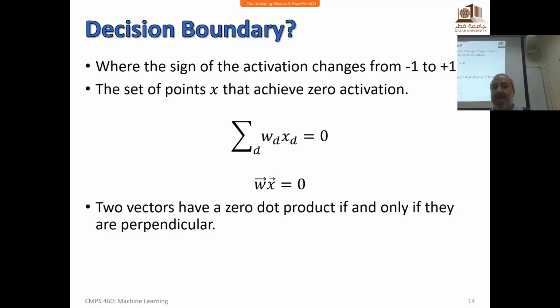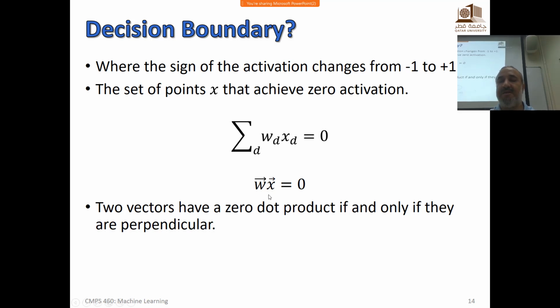We mentioned in that lecture that the points on the decision boundary will have a dot product with the weight vector of 0. So all points where the dot product with the weight vector is 0 will be considered on the decision boundary.